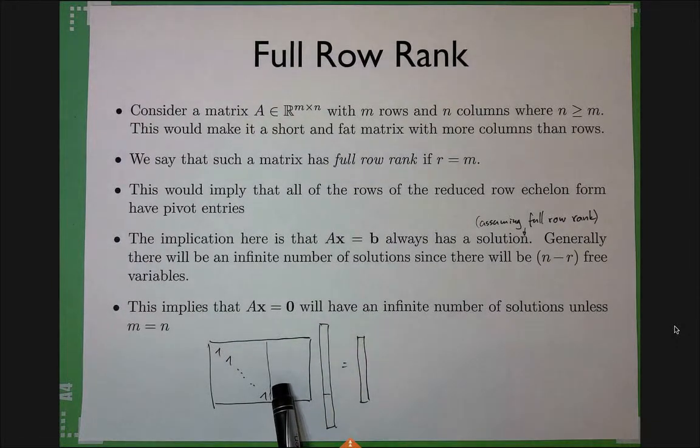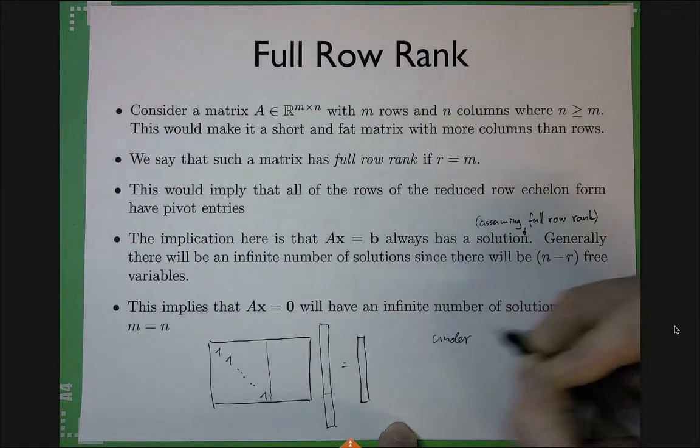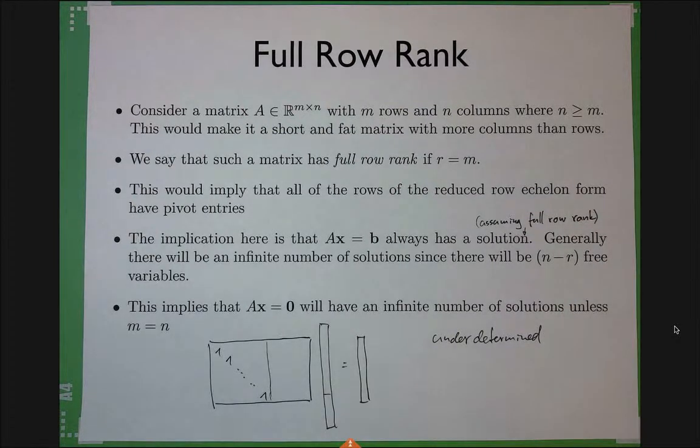So in this case, some of these x's are free. This linear system is sometimes called underdetermined. If it's full rank, there always has to be a solution, and there will always be an infinite number of solutions if it's really rectangular.